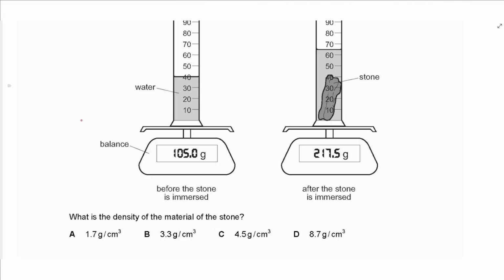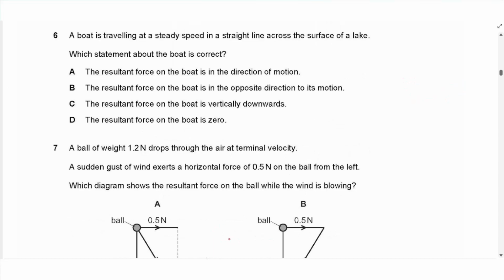So we calculate the volume added by the stone. So we divide mass by volume, 217.5 minus 105 over the change in volume. That would be 65 minus 40. So the answer here is 4.5 grams per centimeter cubed. So we choose C.